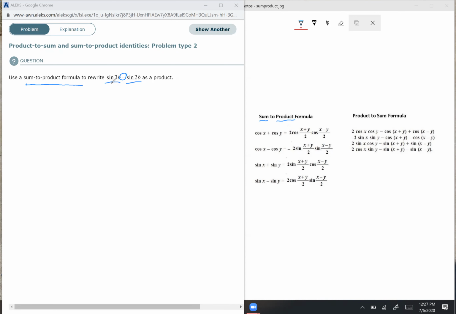So look, we have a sine minus sine. So you guys, that is this last line here. So sine x, so our x here is the 7b, minus sine y, our y is the 2b, equals, well, it says it equals 2 times the cosine of x plus y over 2, so 7b plus 2b over 2, times sine of x minus y over 2.